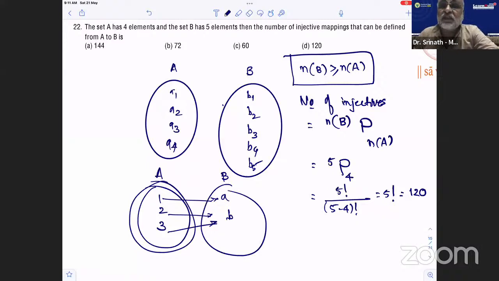So therefore, if the number of elements in A is less than the number of elements in B, then there is no 1-1 function possible. Good question somebody has asked.